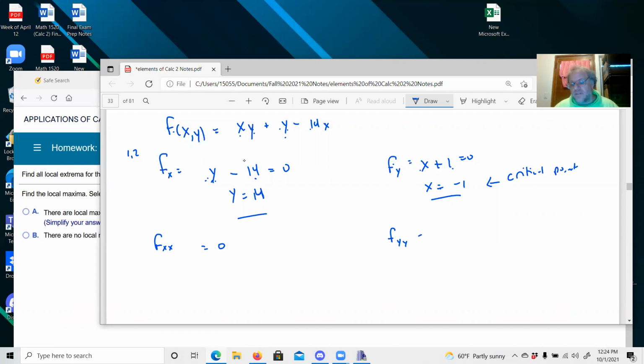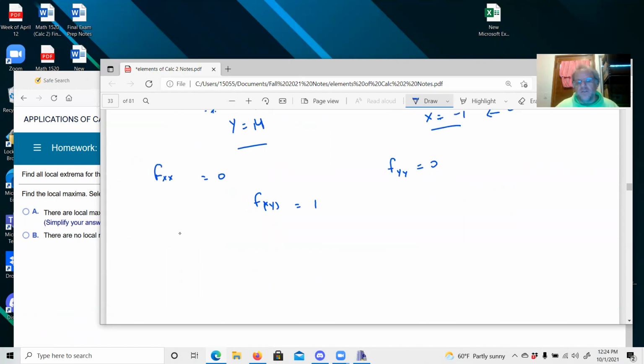They're both constants. That's 0. How about f of xy? We did fy, fy is equal to x plus 1. Now we have to take this derivative with respect to x. Get 1. Same thing over here. If we take this derivative with respect to y, we get 1.